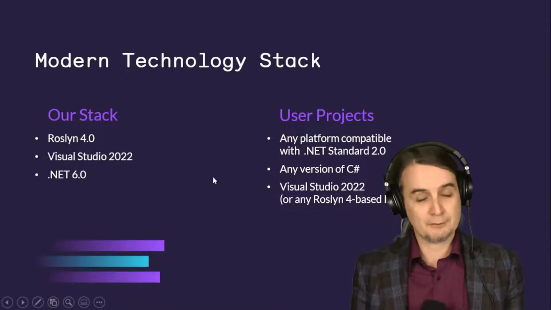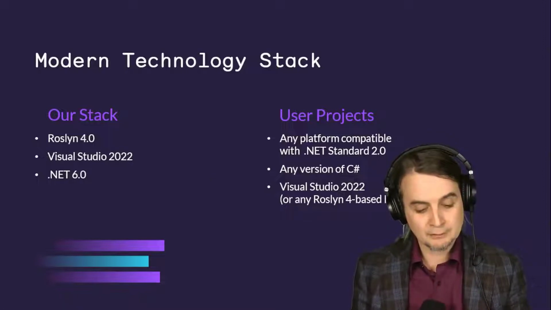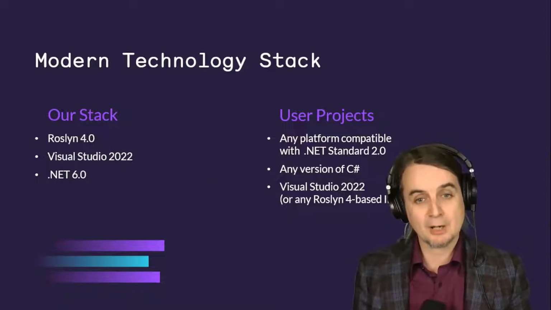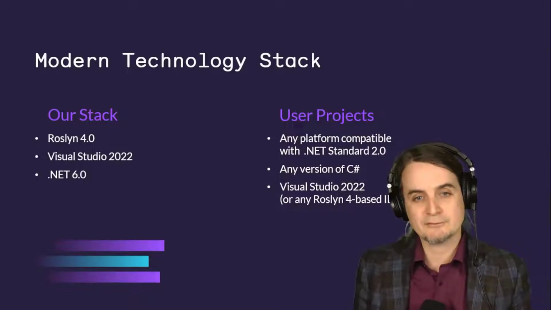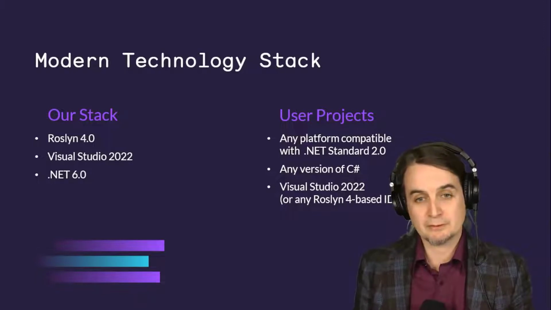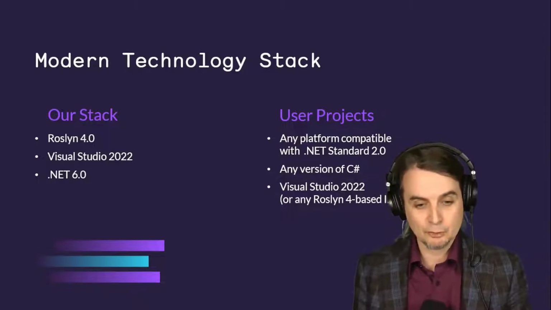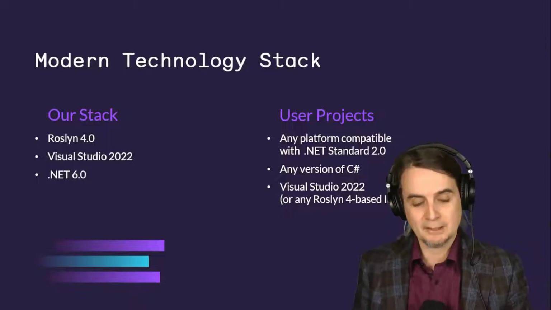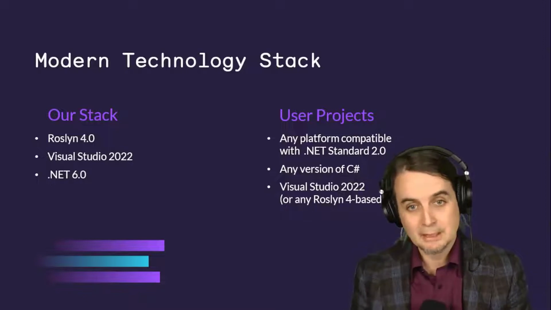But for user projects, for the target platforms of your project, we are much more flexible, because you can actually target any platform that is compatible with .NET Standard 2. With PostSharp, we had quite some difficulties with that, because we had to execute the whole assembly within the .NET Framework CLR or the .NET Core CLR, and that was a problem.